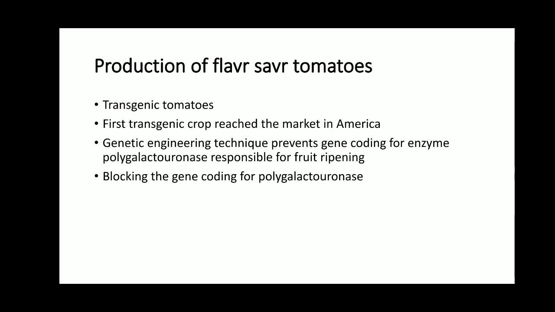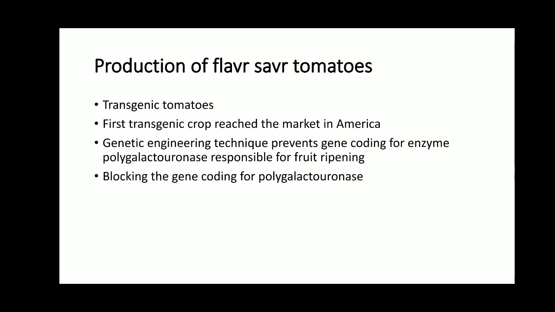This is an enzyme which degrades the pectin in the cell walls and makes the fruit softer, which makes it susceptible to fungal infections, right? That is the reason these tomatoes get damaged soon while transporting until they reach the end user.